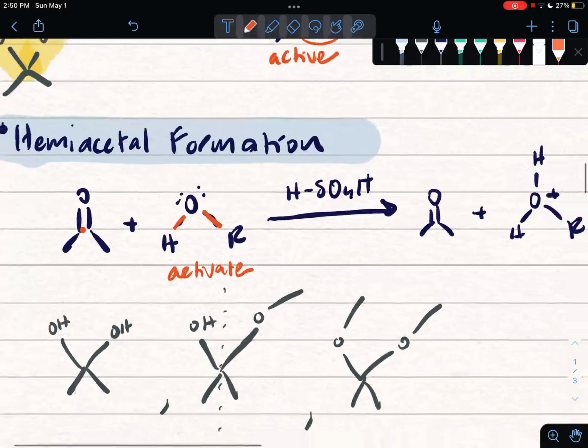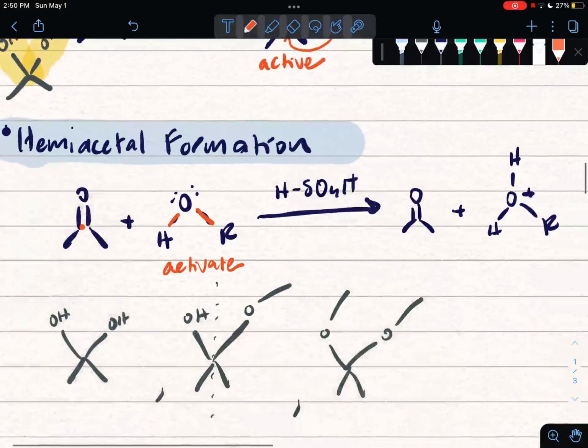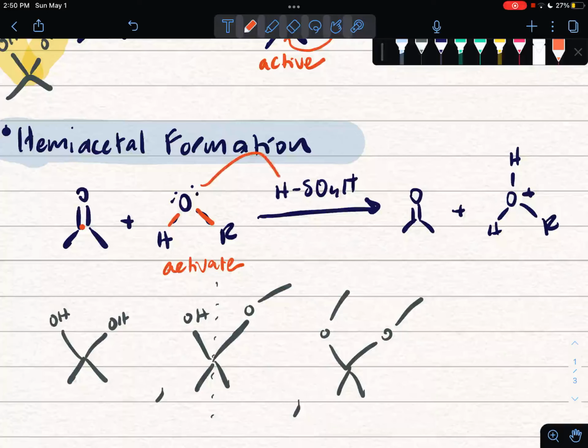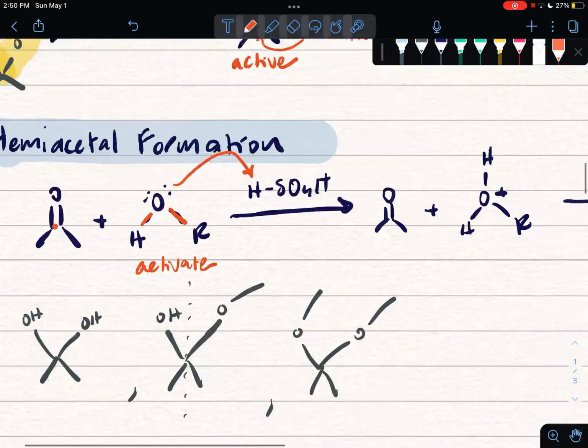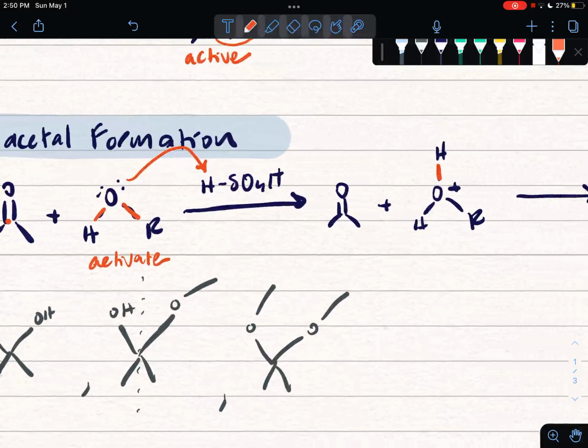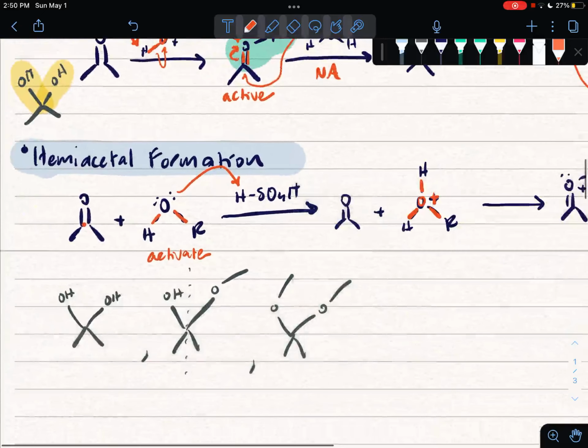So what's happening is that these electrons are going to grab the hydrogen from our acid, because our acid is readily going to dissociate hydrogen into solution. So that means we will form a very unstable molecule here with an unstable oxygen.